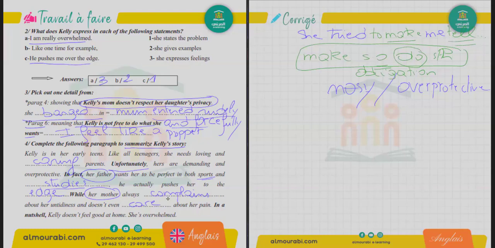Yes. All right, yeah. So, Fida, let's continue. And doesn't even care about her pain. In a nutshell, Kelly doesn't feel good at home. She's overwhelmed. She thinks that it's too much for her to deal with and bear.